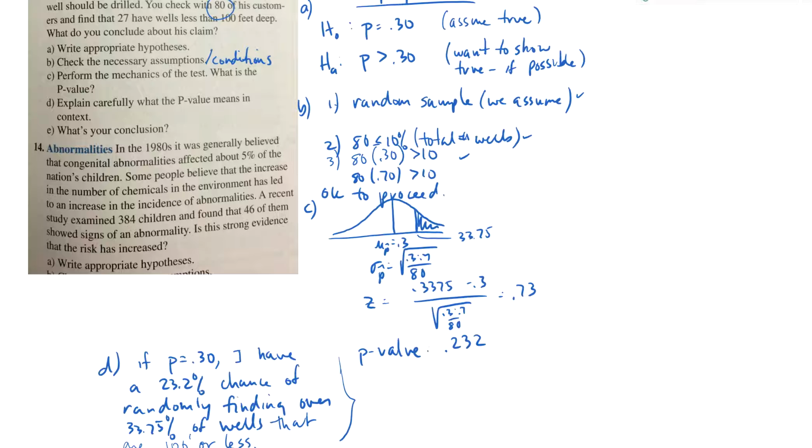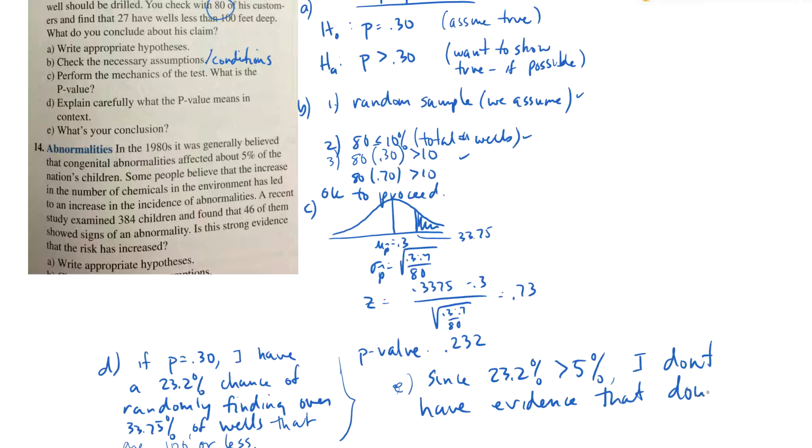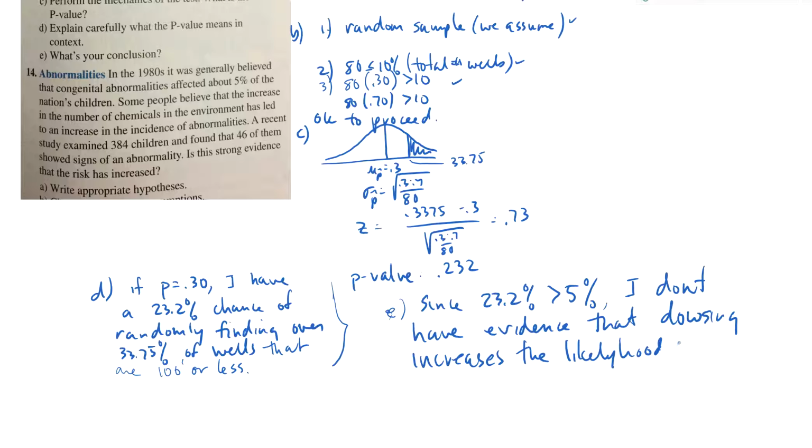So what's my conclusion? My conclusion is, since 23.2% is greater than 5%, which is kind of my cutoff for something being extreme, I don't have evidence that dowsing increases the likelihood of finding water less than 100 feet deep.